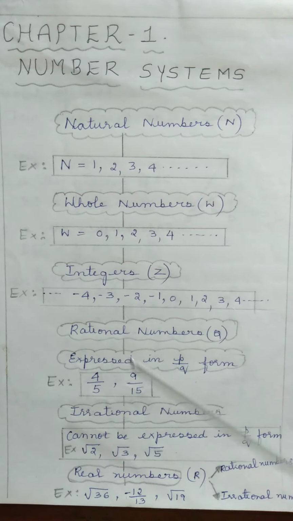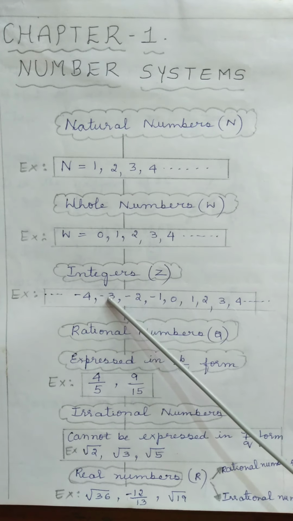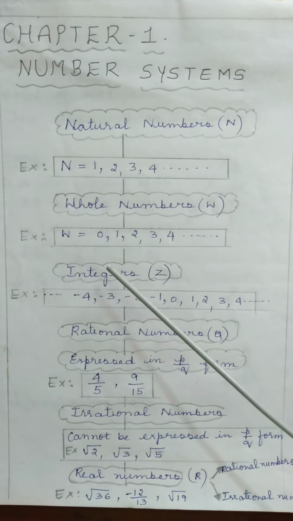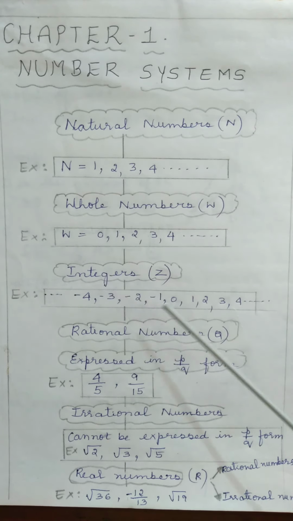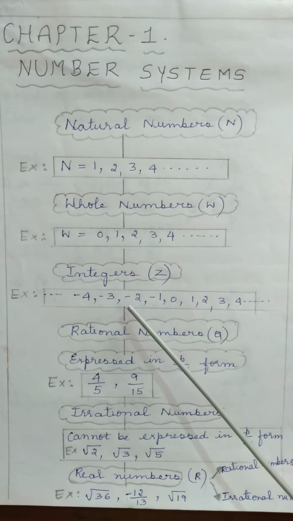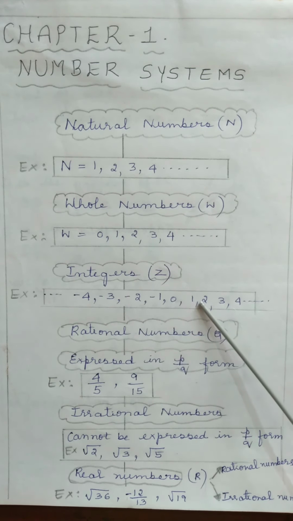Next is the concept of integers. In integers, we have a collection of negative and positive numbers including 0, and such numbers are called integers, which are represented using the symbol Z. The collection of numbers -4, -3, -2, -1, 0, 1, 2, 3, 4, etc. is called integers.